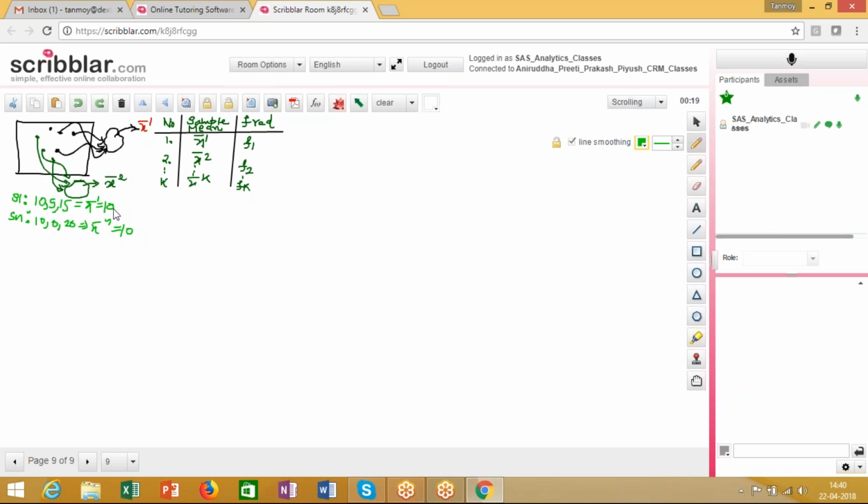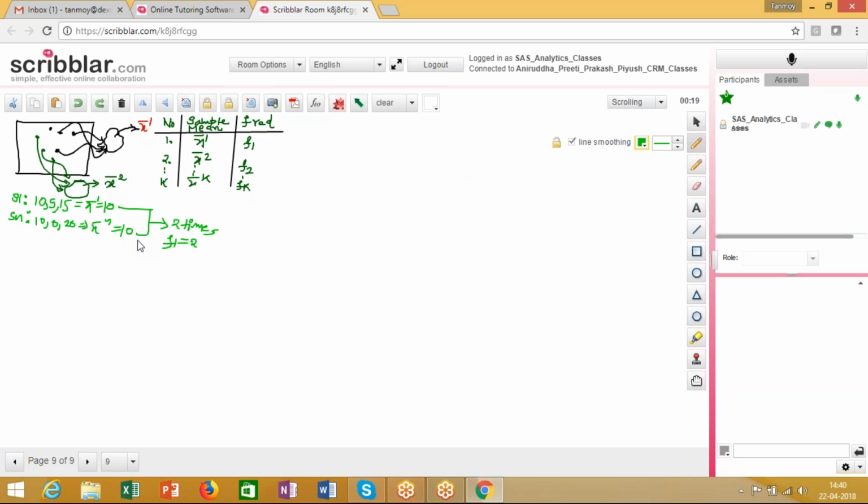It means that this x1 bar value has occurred two times. That is, the frequency f1 associated with the distinct value x1 bar is 2.